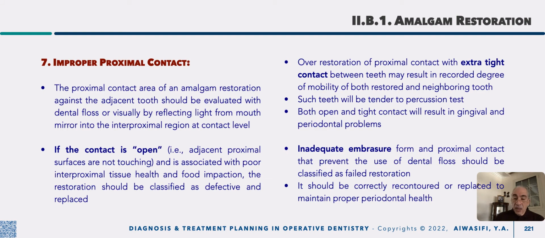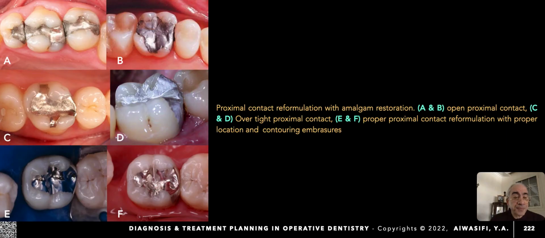Those are different types of contact. A and B show open proximal contact, and you could note for figure B the developed proximal caries in the neighboring distal surface of the premolar. For C and D, it's a very tight one, extra tight contact.